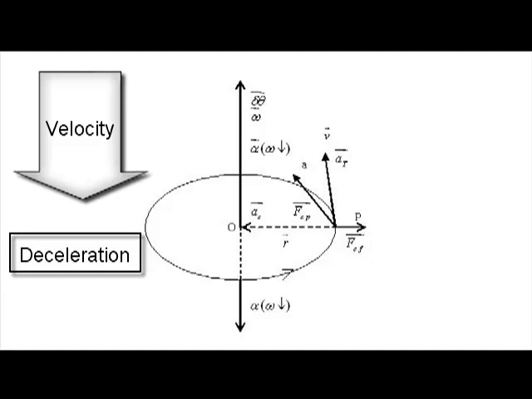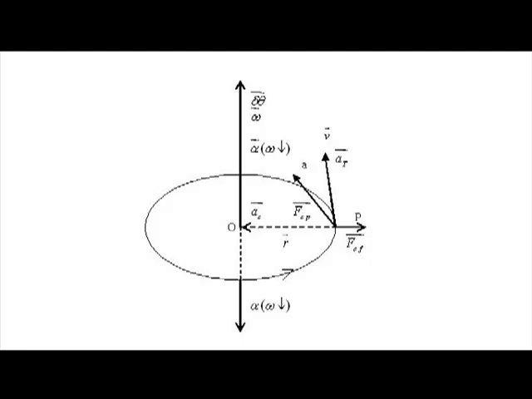Hence, one more direction of alpha is shown, which is in the downward direction, and that direction of alpha should be considered when omega is decreasing. Hence, according to whether omega is increasing or decreasing, alpha will have upward or downward direction. Upward for omega increasing, downward for omega decreasing.